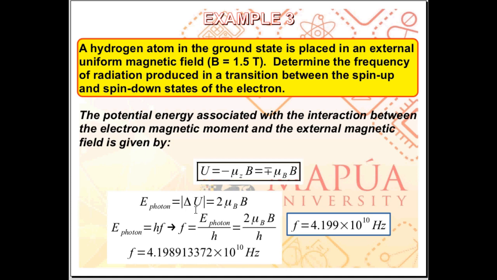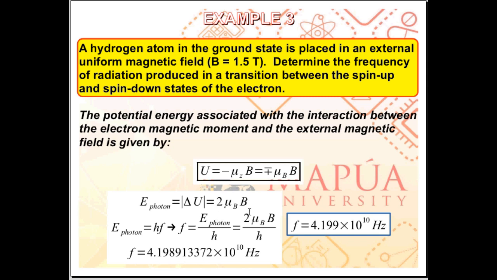The absolute value of the change is 2 mu B B. This will be the energy of the photon emitted by the hydrogen atom when the electron goes from spin up to spin down. Spin up has minus mu B B, spin down has positive mu B B, so the difference in the potential energy is 2 mu B B.